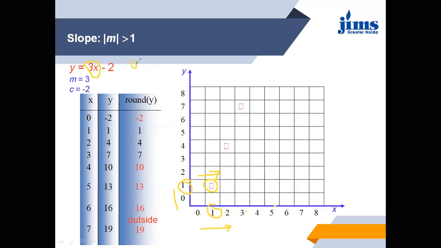So y equals minus 2. We cannot draw this pixel, as I have not shown the coordinate system behind this.